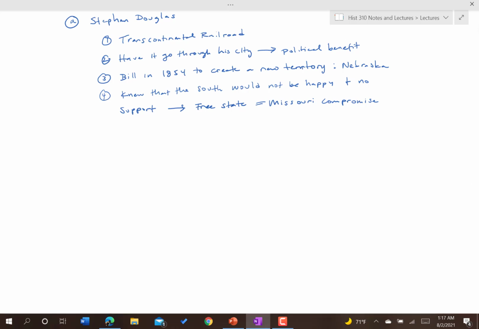And so what he decided to do in an attempt to get Southerners on board is that he created a provision in the bill that said the status of slavery in the territory would be determined by territorial legislation, which is popular sovereignty.